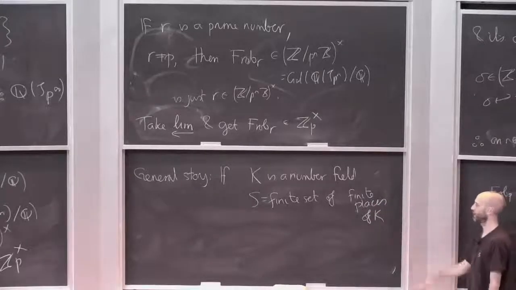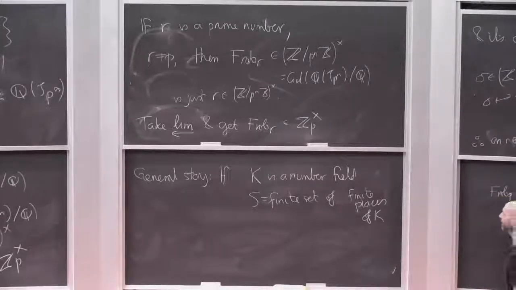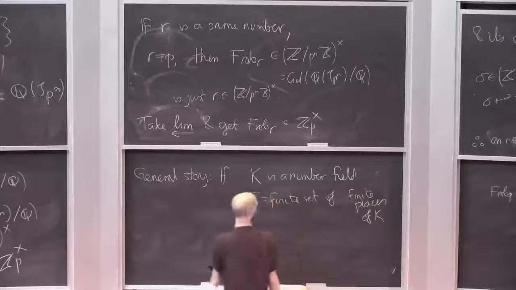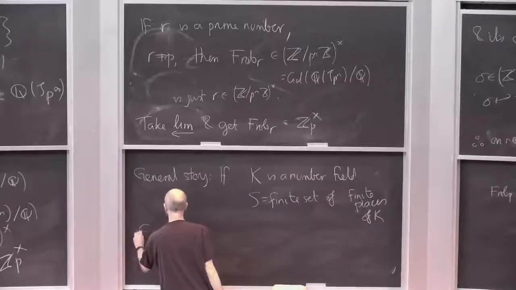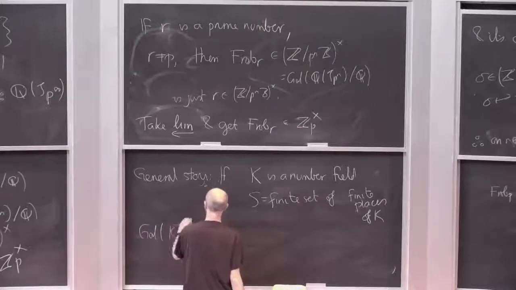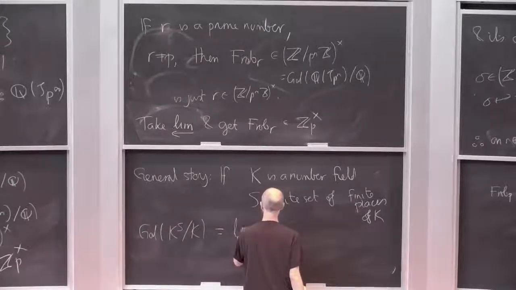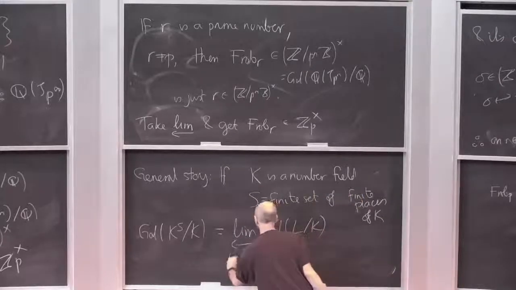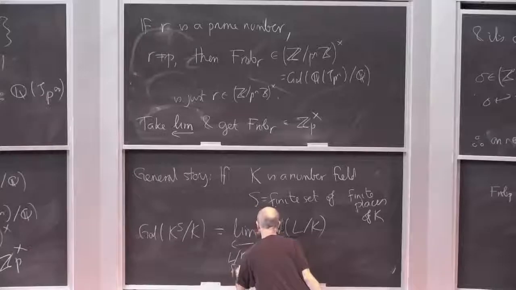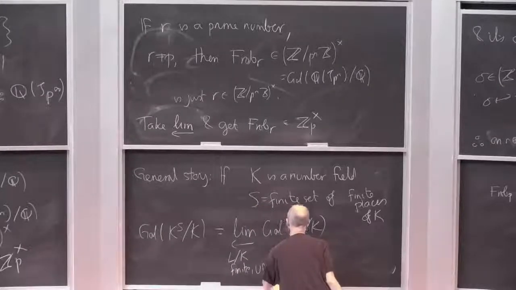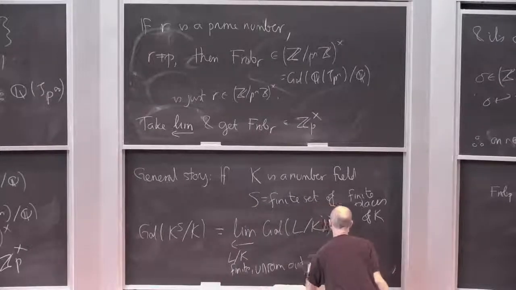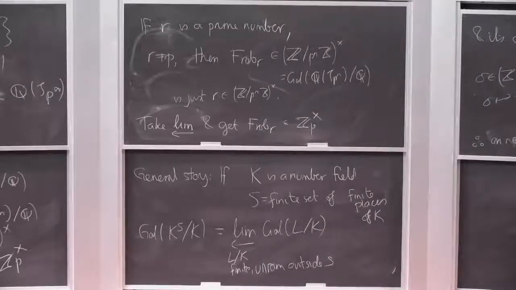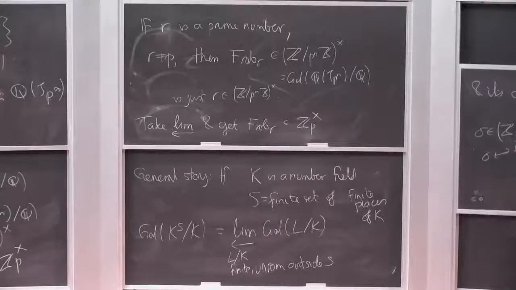Some people talk about primes of K. S is a finite set of finite primes of K, by which I mean what I always mean by S. Then Gal(Ks over K) is by definition the limit of Gal(L over K) with L over K finite and unramified outside S. And what we get is, for each prime that's not in S, we can go back to P now. Now we go back to curly P.